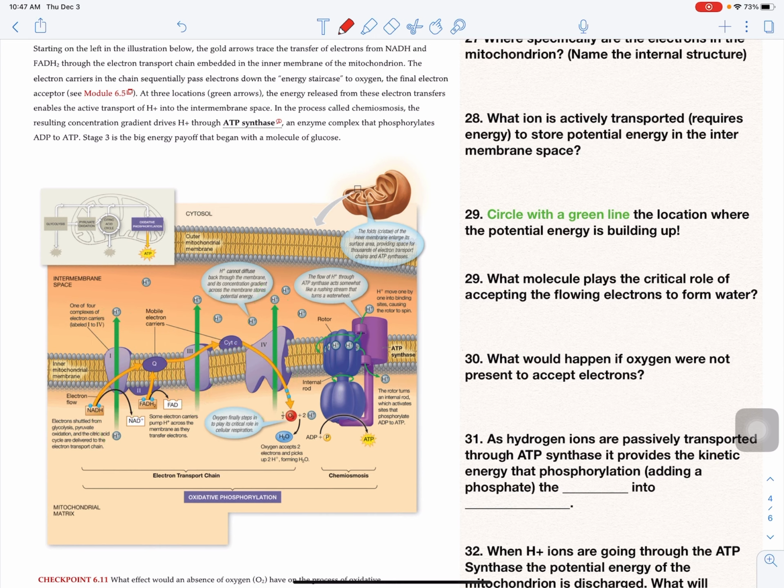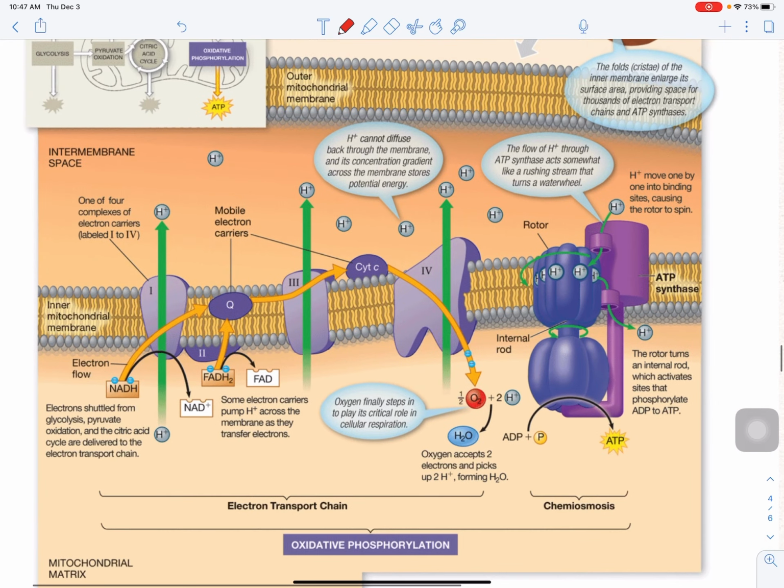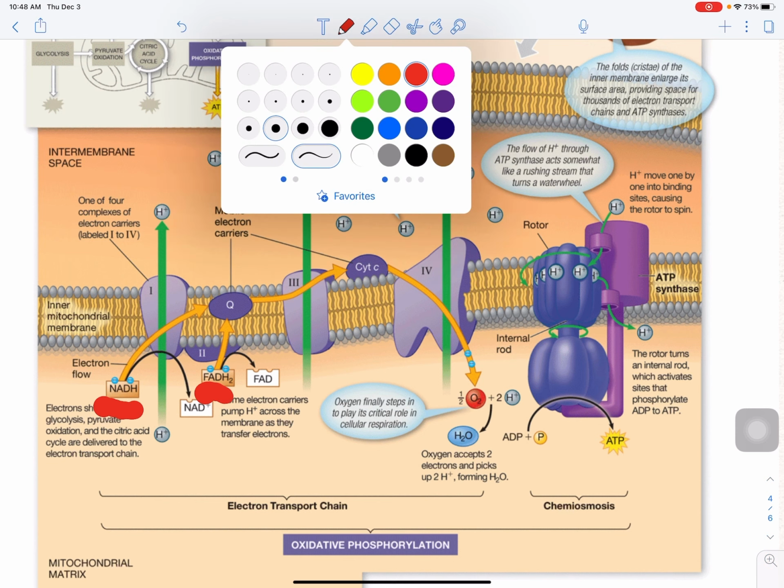So, looking at this picture, zooming in, we can see here are the electron carriers. They are going to drop off their electrons, and the directions said for you to draw a path where the electrons go.